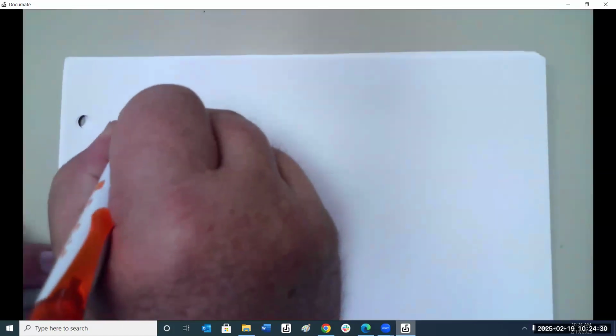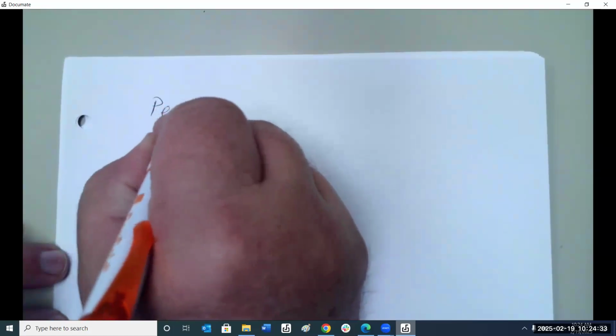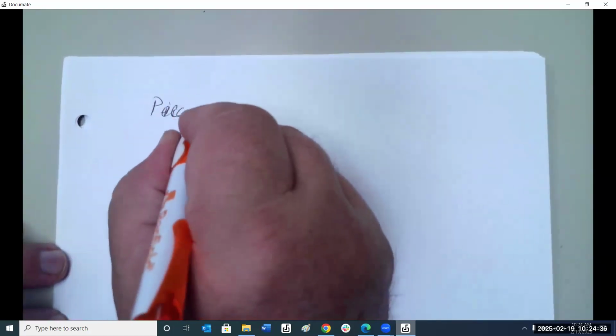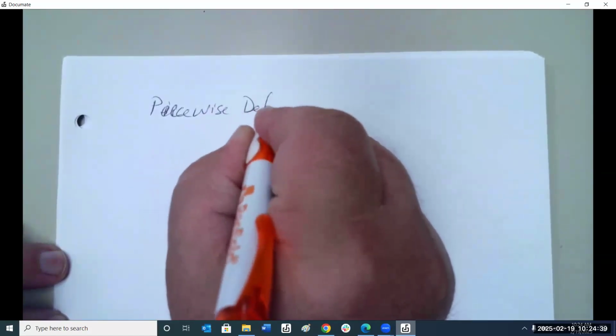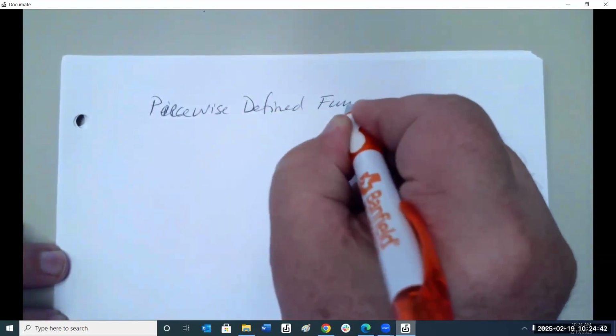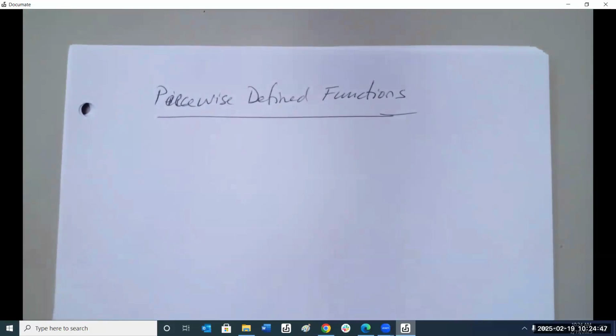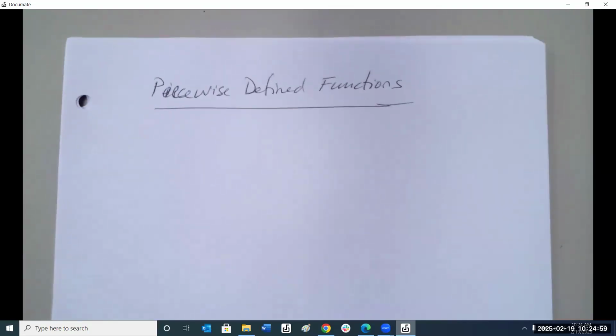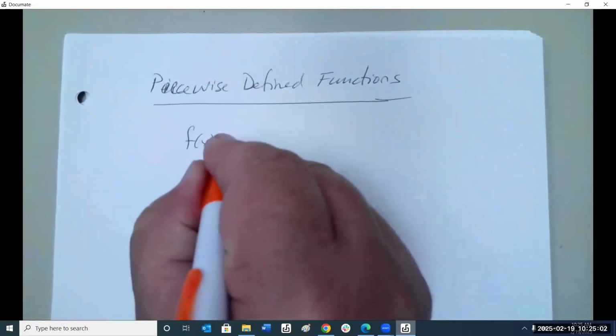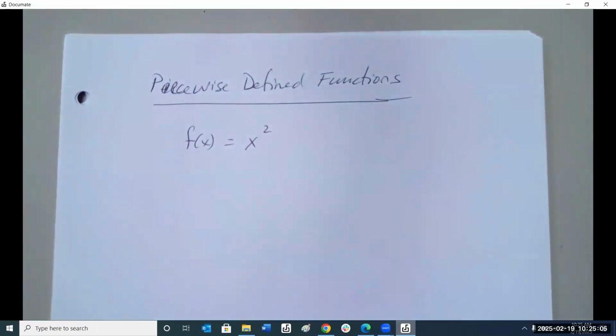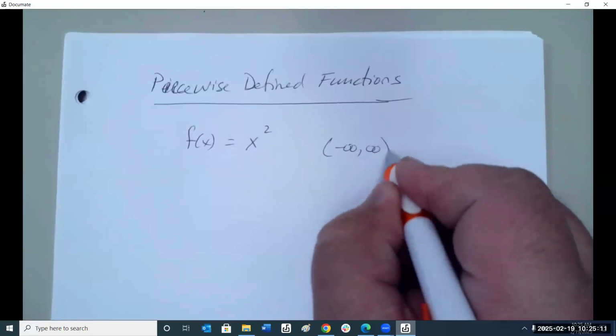Now we're going to talk about a special type of function: a piecewise defined function. Just as the name entails, it's a function that's defined in pieces. Because up until now, we had one equation for all x's from negative infinity to positive infinity.